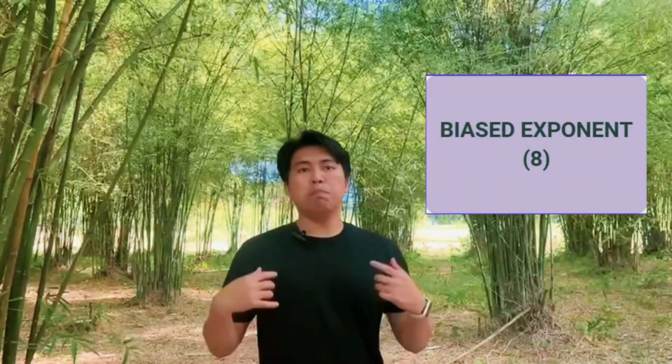Move on to the next section, we get bias exponent. Bias exponent has 8 binary digits. And the final section is significand, which has 23 binary digits. You will see the significand has a lot of 0000, like our example.